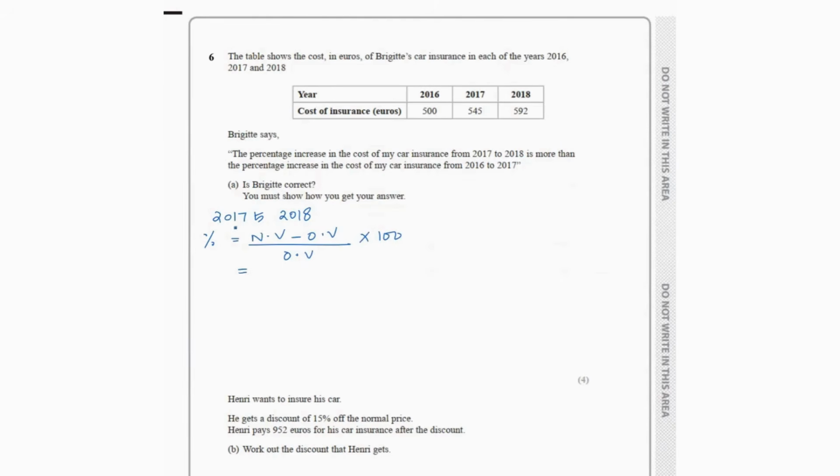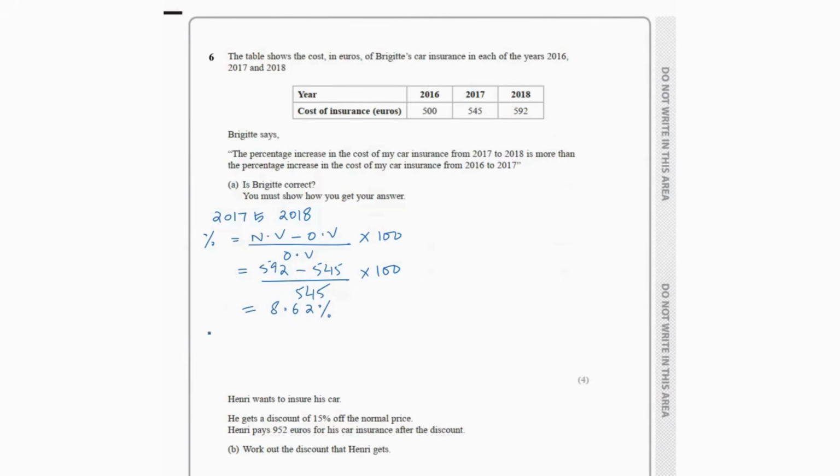So from 2017 to 2018, obviously new value is going to be 592 because that's the new year. And 545 is the old value. And just multiply it by 100. That gives us 8.62%. I'm going to keep it correct to 2 decimal places right now.